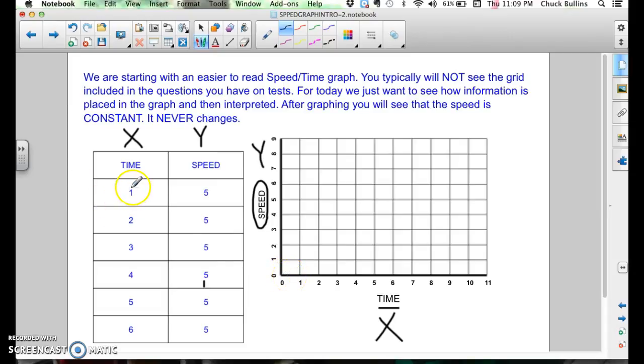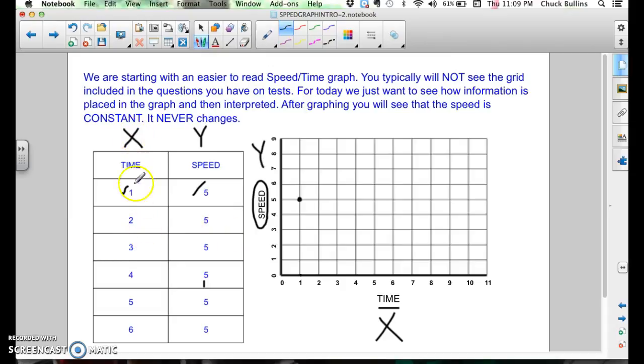I'm going to go in one spot, which would be here, and I'm going to go up 5 steps. 1, 2, 3, 4, and 5. I'm going to stop there. Now, that is how I plot this data right here. I want to go back and plot this data.